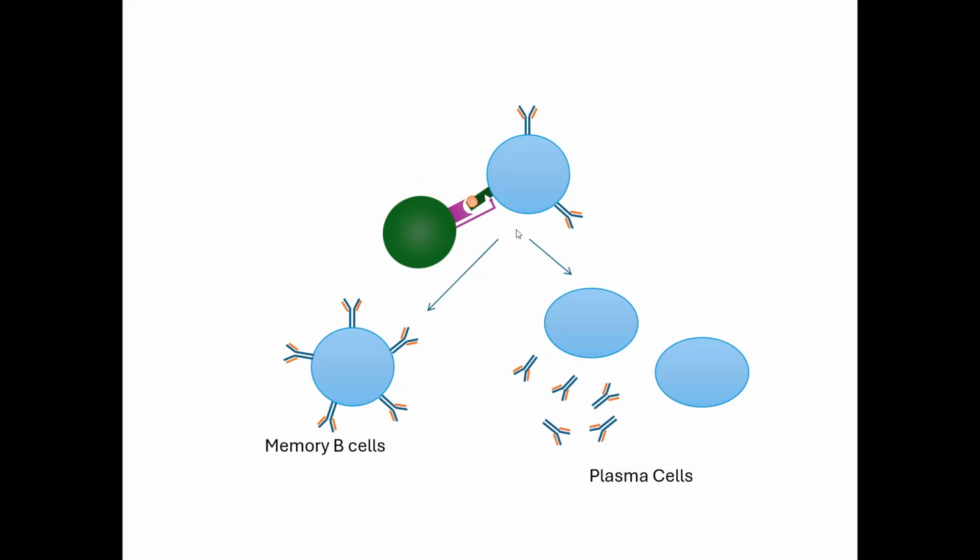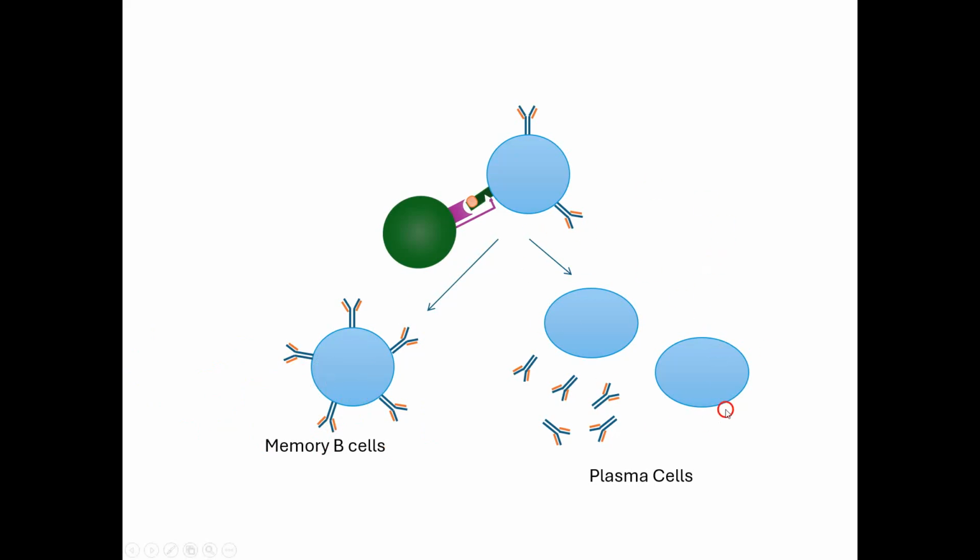When it multiplies, it produces two important cell types. One is the memory B cells, and the memory B cells return to the secondary lymphoid tissues, like the lymph nodes, where they remain and stand ready for future infections. That's what gives it a memory, and that's what helps us each and every time we encounter that same antigen to speed up that process.